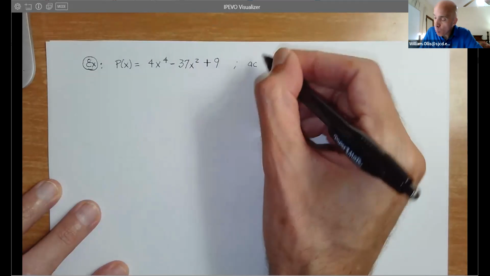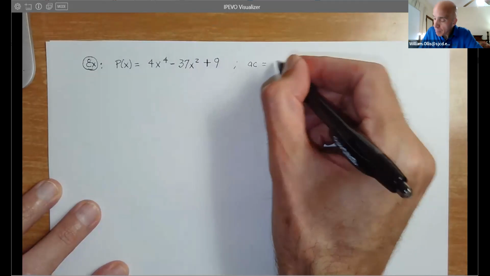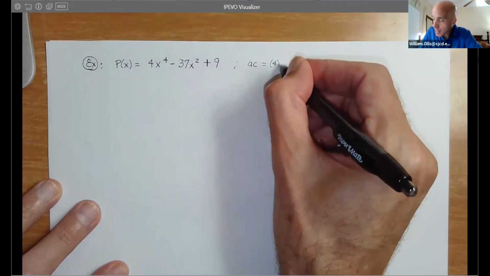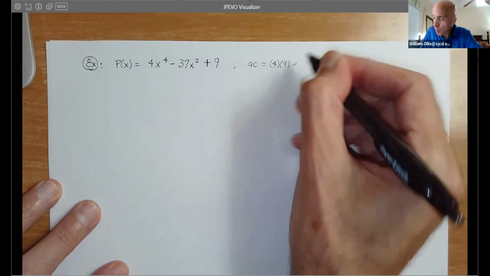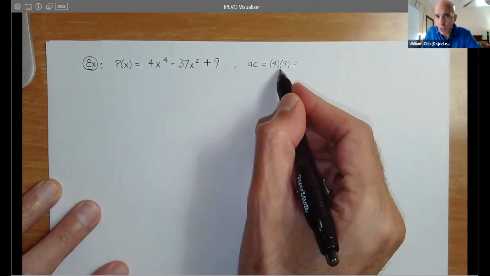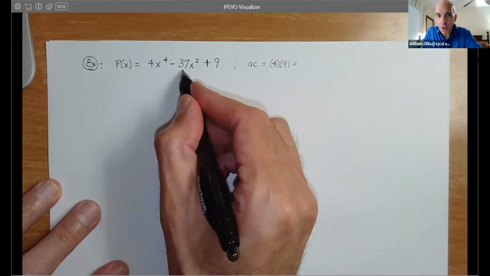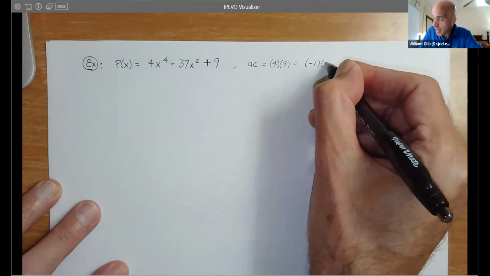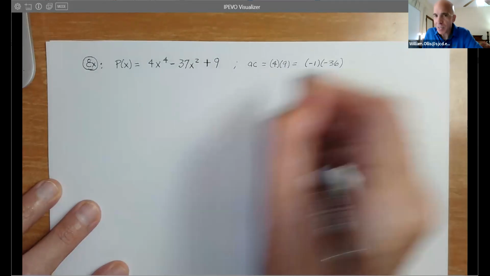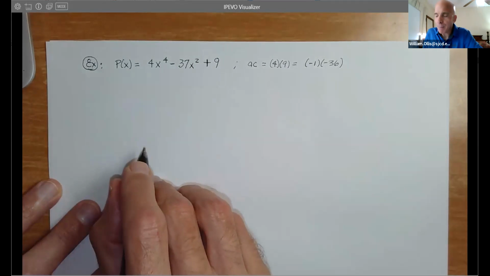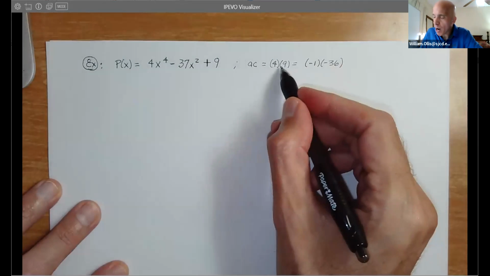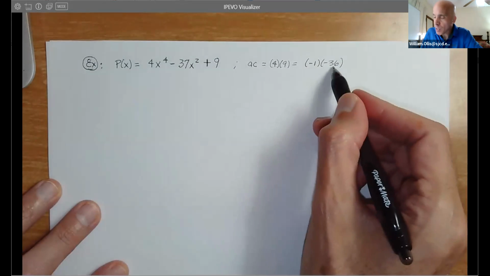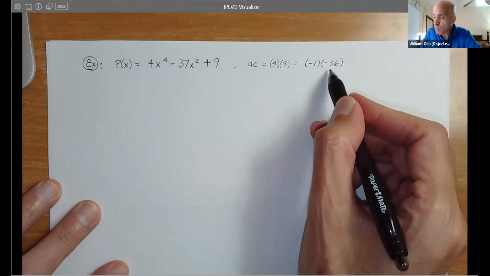So quadratic form, AC will be 4 times 9. But this is tailor-made for this, because now we know that's a 36 and we need a 37, so we can just use a -1 times the -36. That's really kind of cheap when you think about it, because it doesn't require much number theory. It's just saying that a negative times a negative is positive.